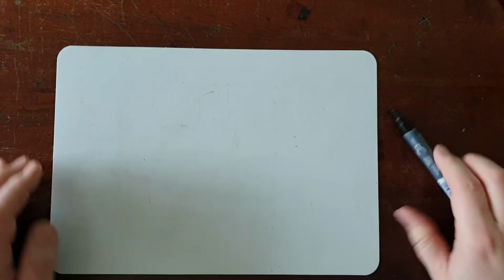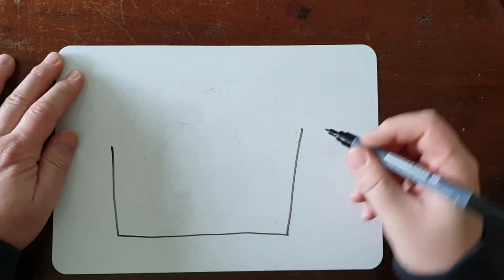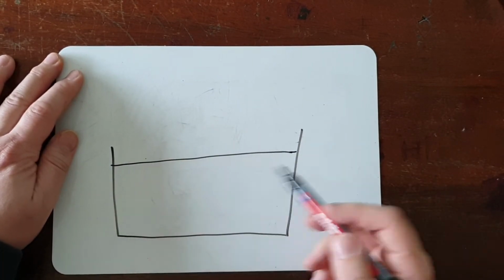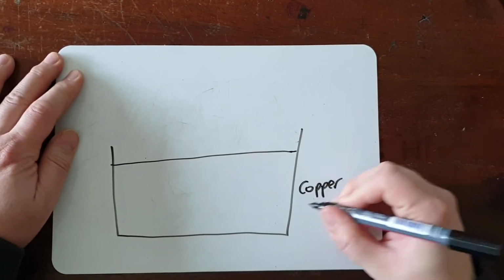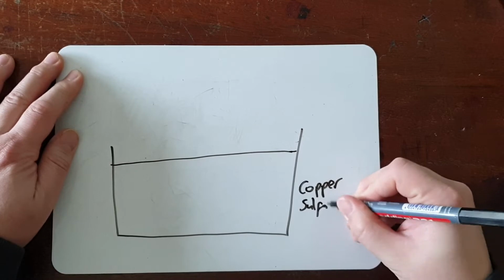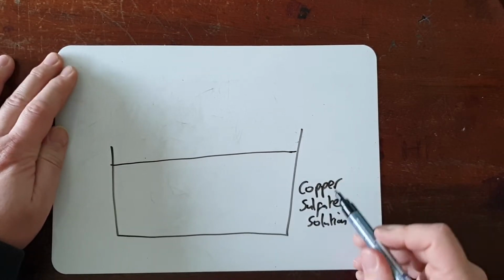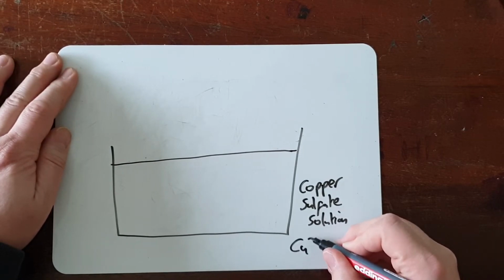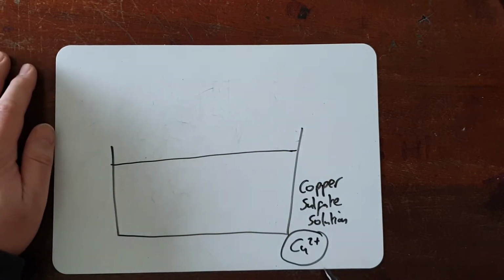The basic setup for this is, we've got our container, we've got our liquid, and this liquid is copper sulfate solution. That means it contains ions of Cu2+, that's copper with a 2+ charge.